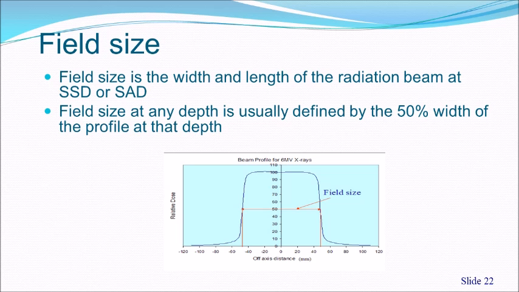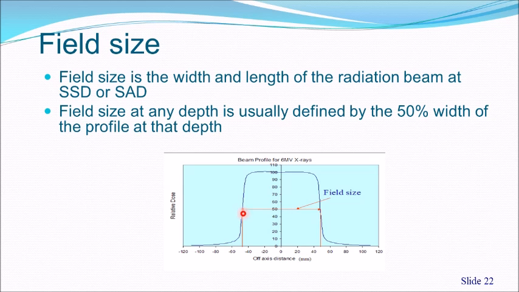For example, let me say you measured this profile with water phantom, it's 6 MV X-ray, so 100 centimeter SSD, and you measured at 10 centimeter depth. So the field size at 100 centimeter SSD is 10 by 10, so at 10 centimeter depth it should be 11.